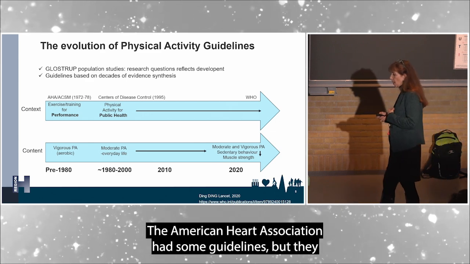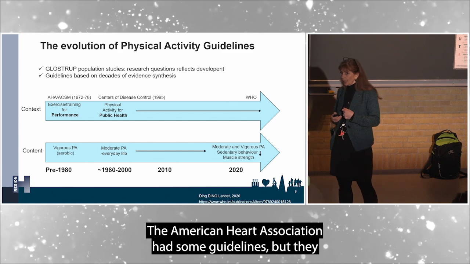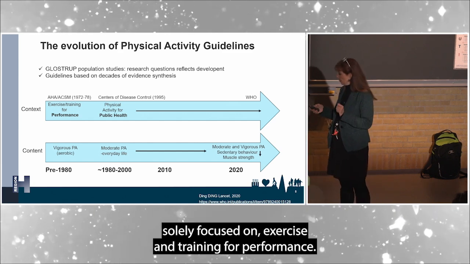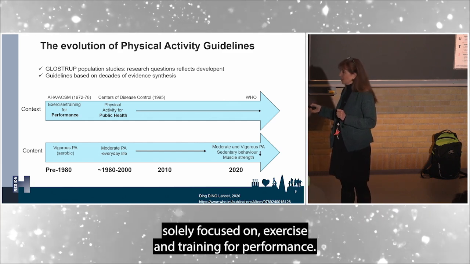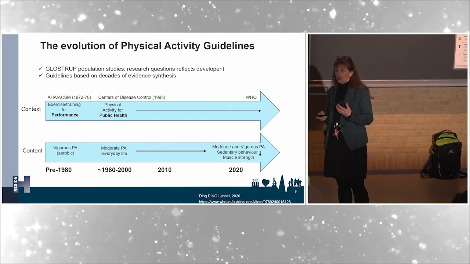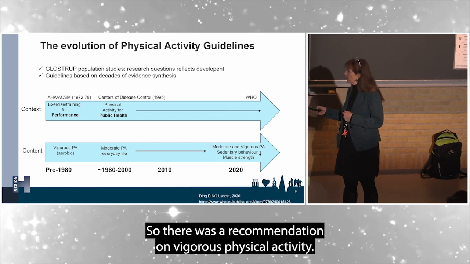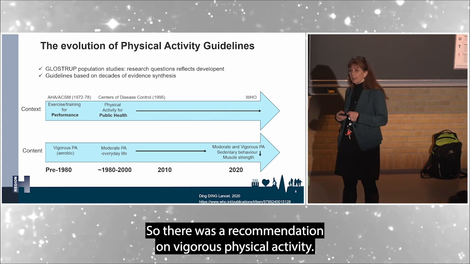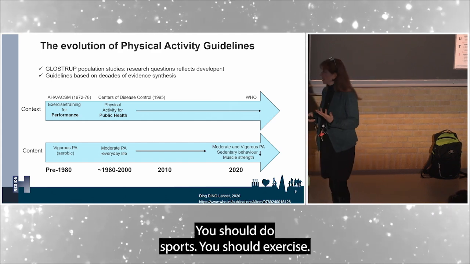The American Heart Association had some guidelines, but they solely focused on exercise and training for performance. So there was a recommendation on vigorous physical activity. You should do sports, you should exercise.